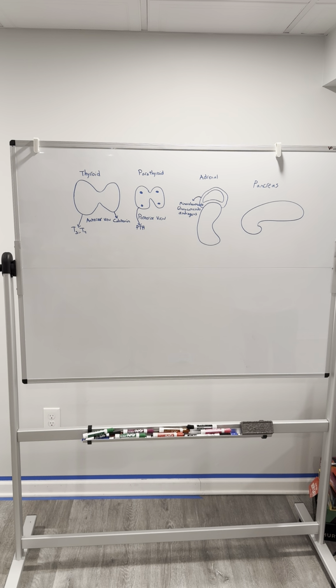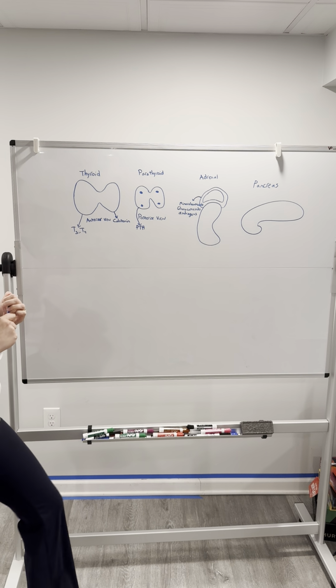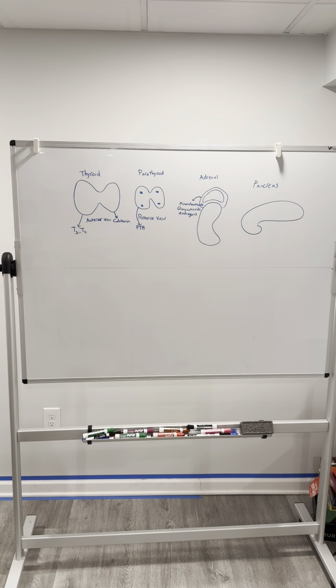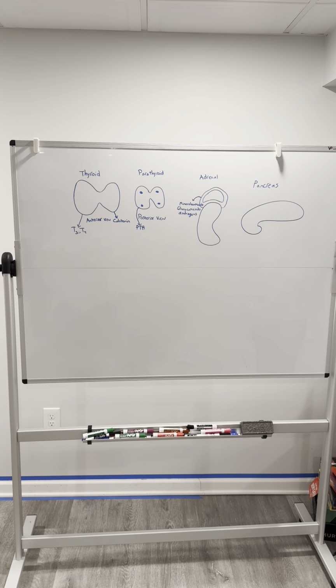The exocrine cells are arranged in clusters within the pancreas known as acini, and they produce digestive enzymes. There are also clusters of endocrine tissue known as pancreatic islets or islets of Langerhans, and those islets are what secrete the hormones.